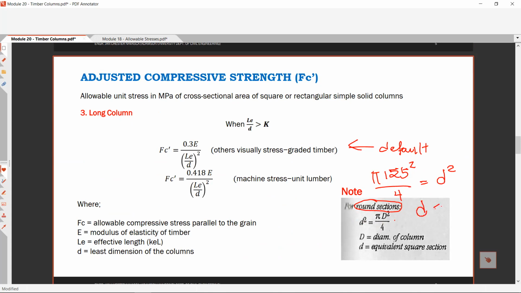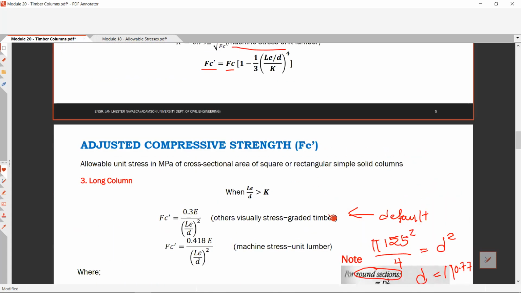So your D is equal to 110.77. This is the equivalent area, the same area as your round cross section. So this is the value of D you will use in all of these formulas.